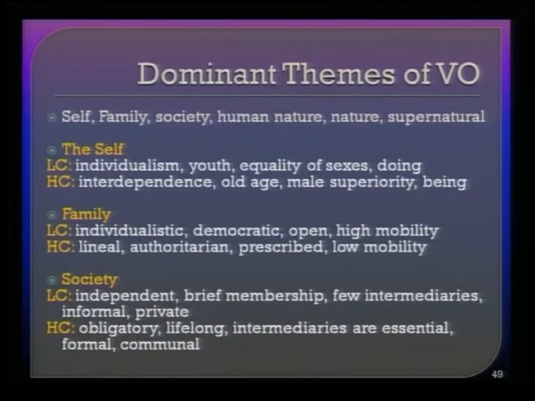This means there is no discrimination between male and female, all are treated equal, and doing, performance. A person is valued according to what he does, what he has been doing, not what he has been talking about, not where he has come from. Emphasis is given on doing.